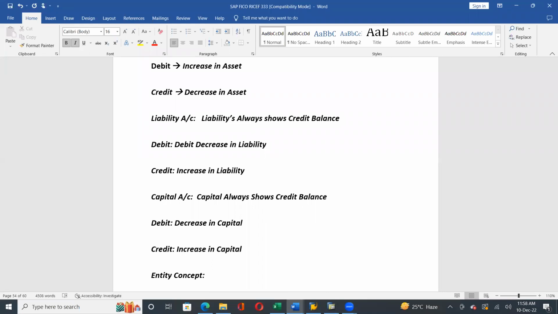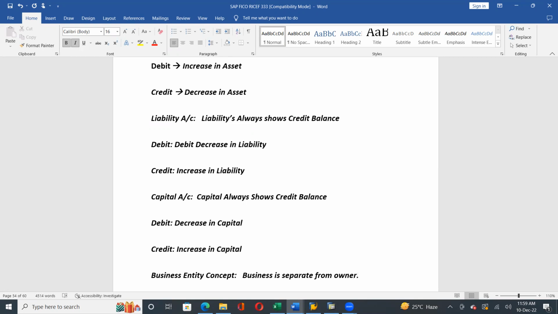What is the business entity concept? Entity is what we call here the business entity concept. Business is different from owner. So what does it actually mean? Why is business separate from owner?